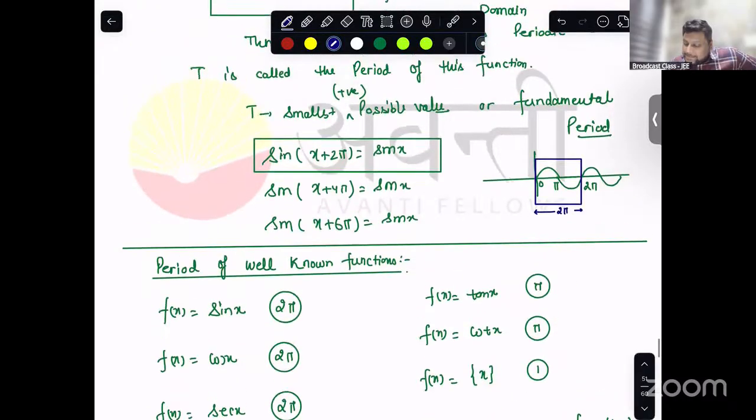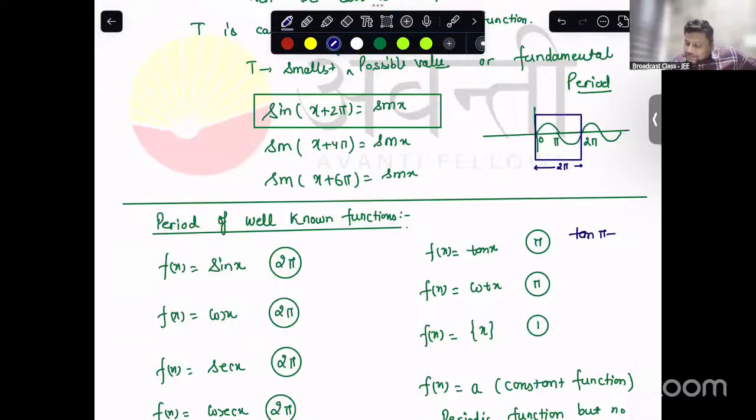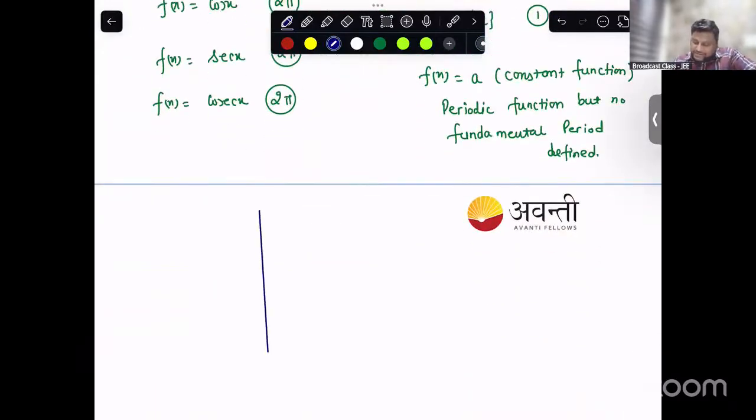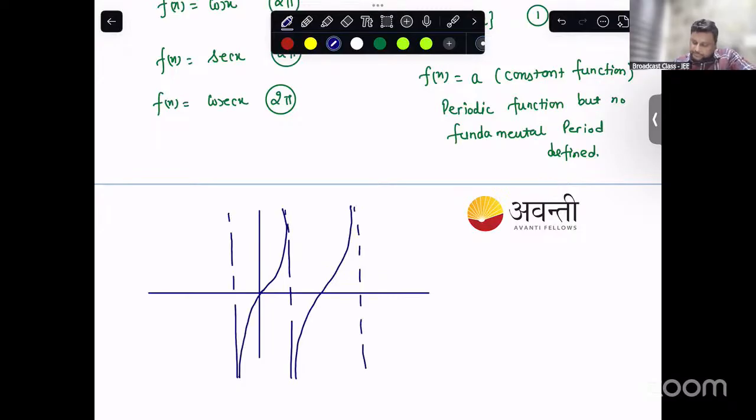For tan and cot, I know tan of pi plus x equals tan x. Tan repeats its position after every pi. If you remember the graph of tan x, it is like this. Remember this? 0, pi, 2 pi, and so on.